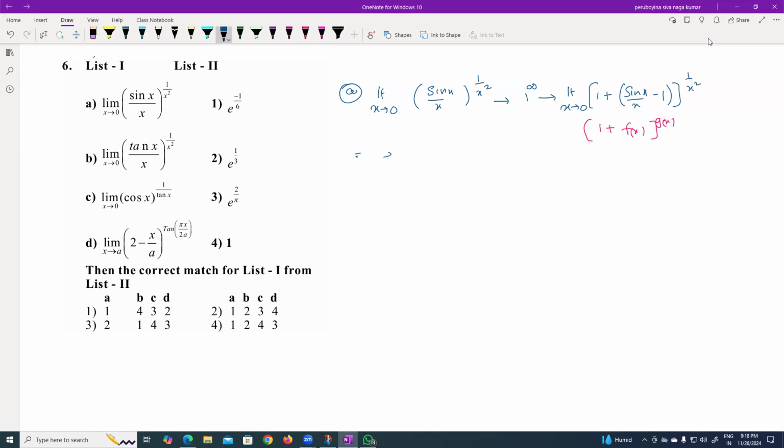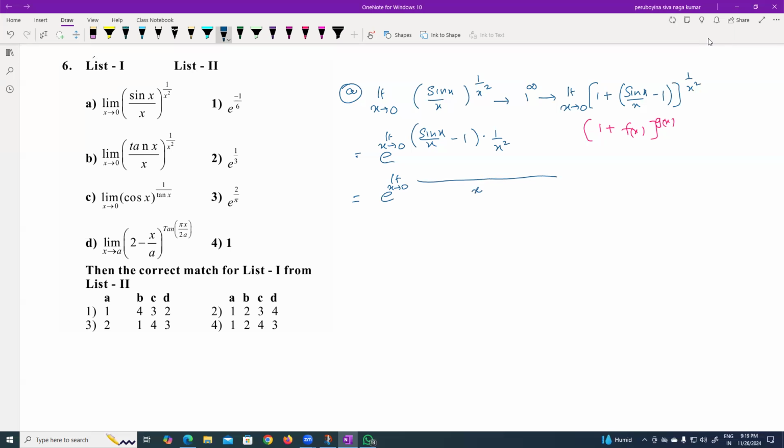Now the answer is e power, the same limit x tends to 0, f of x means sin x by x minus 1, and it is multiplied by g of x, which is 1 by x square. Now this is equal to e power limit x tends to 0.